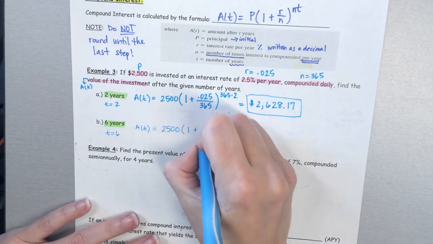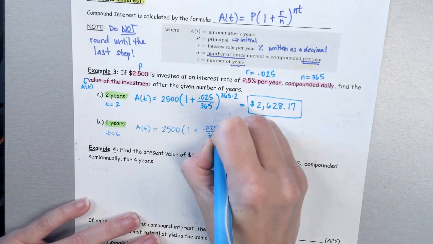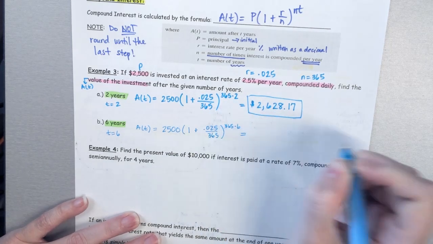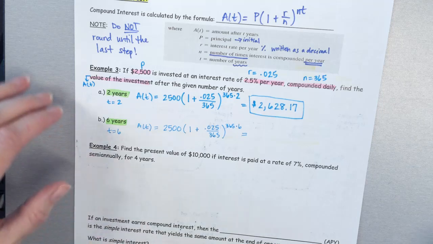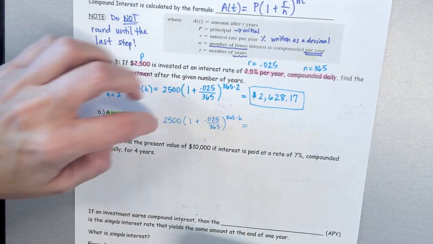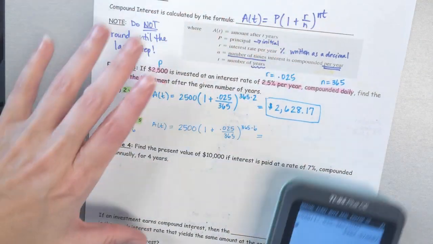Okay, and so this is the same setup, except now instead of 2, you have 6. And if you're doing that on your homework and there's like an A and B and everything's the same, I'm okay if you put like a comma and then just change the 6.